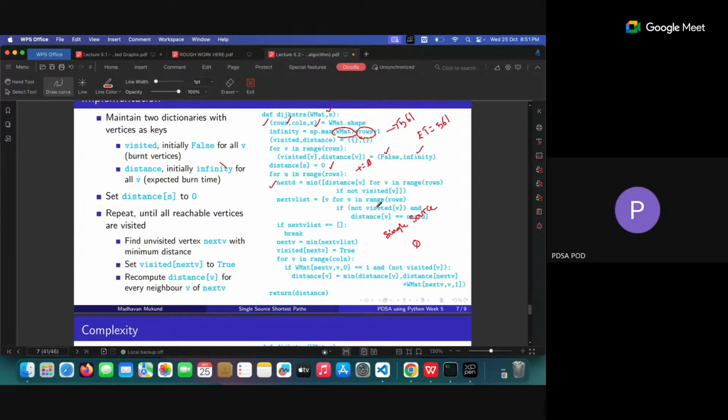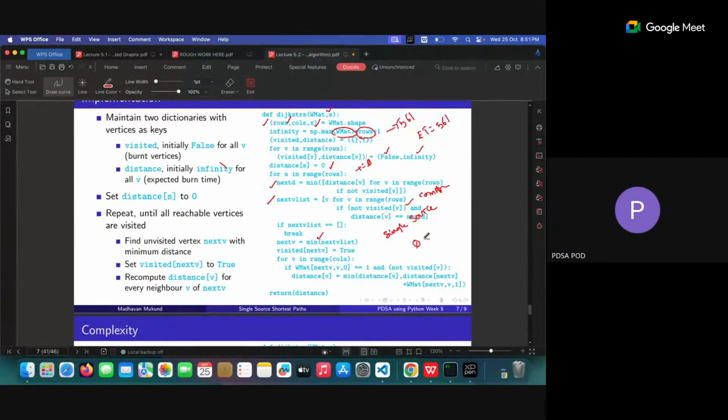From this next distance, if that is not visited and distance of V is equal to the next distance, immediately the next distance V is created as a list comprehension. After that, the next visited list is there.